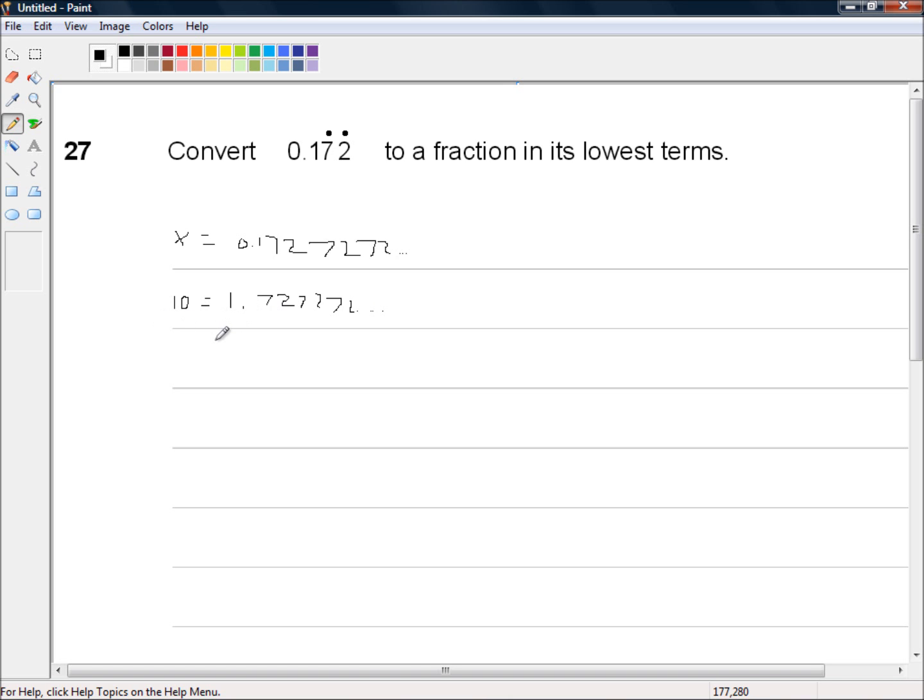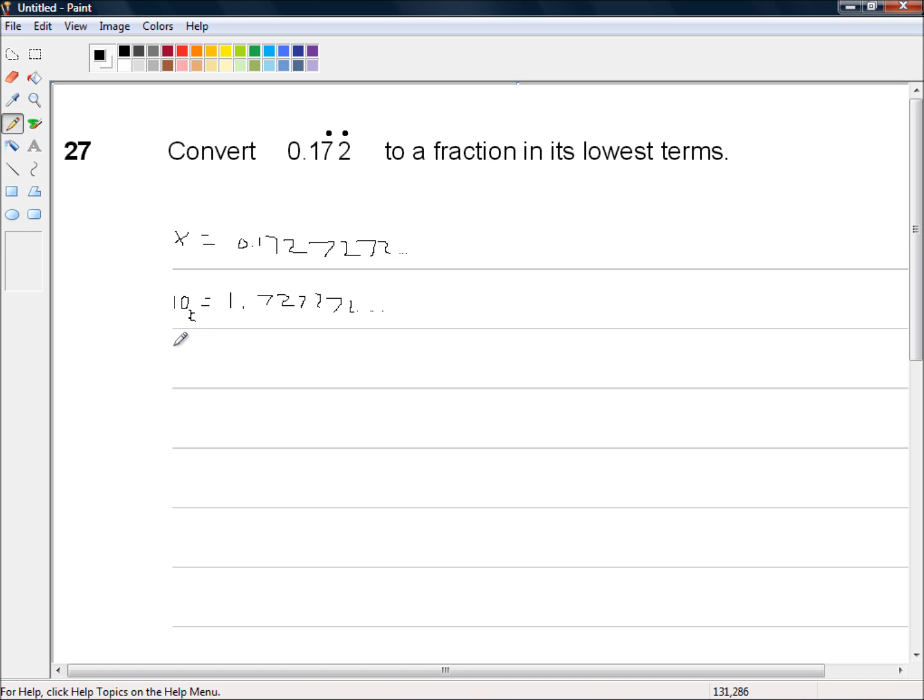The next thing we can do is, oh sorry, that's 10x, not 10. If we now multiply this again by another 100, we can have the 72 over here.